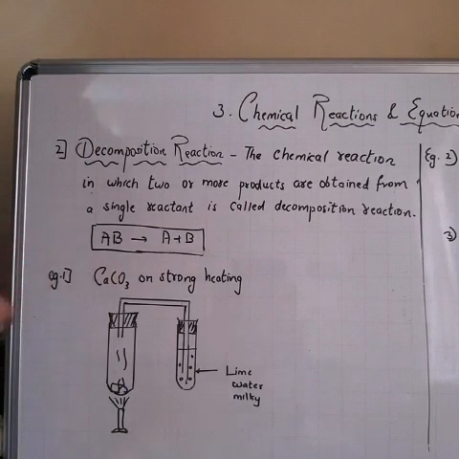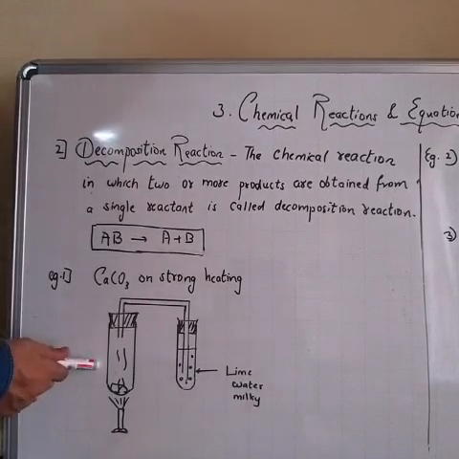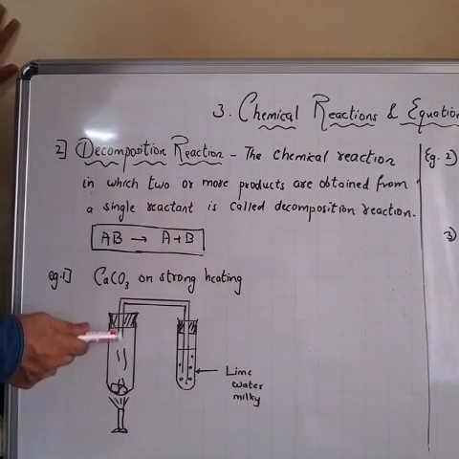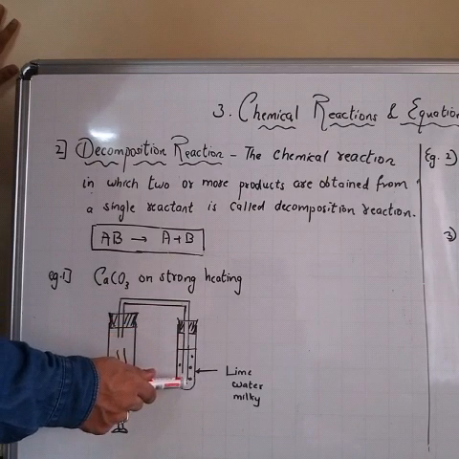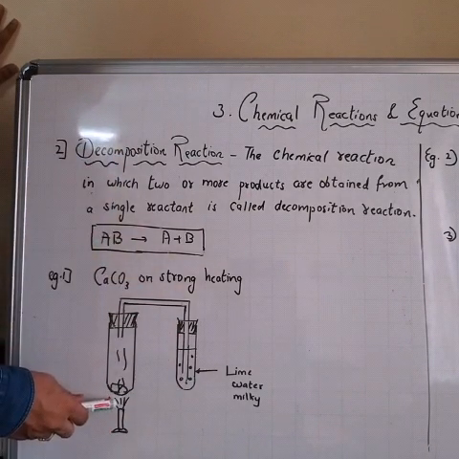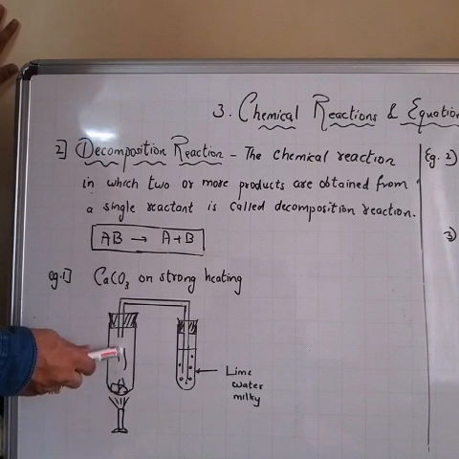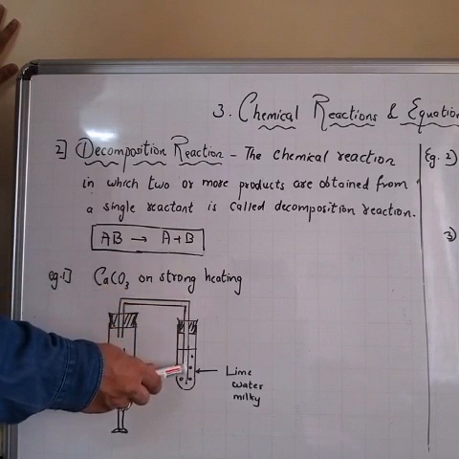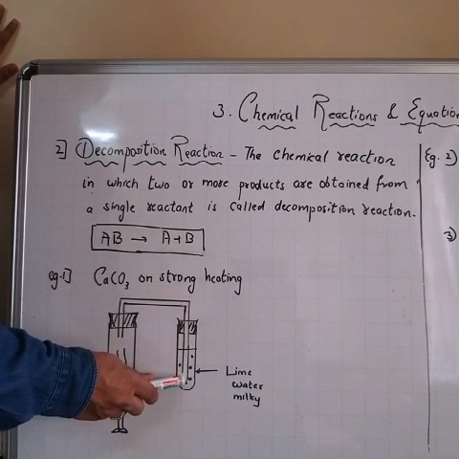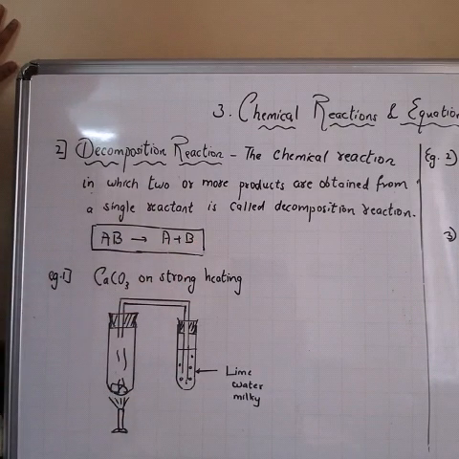Now in this example, example 1, we have taken calcium carbonate in a test tube and it is fitted with a cork having a delivery tube opening in another test tube having lime water in it. When you heat it on a burner, calcium carbonate decomposes to give carbon dioxide gas, which passes through the delivery tube into the lime water, and lime water immediately turns milky.